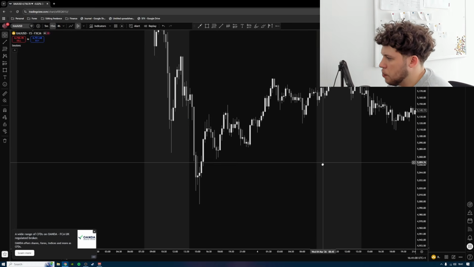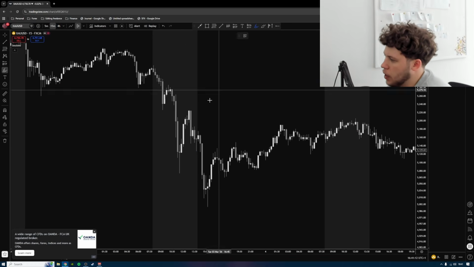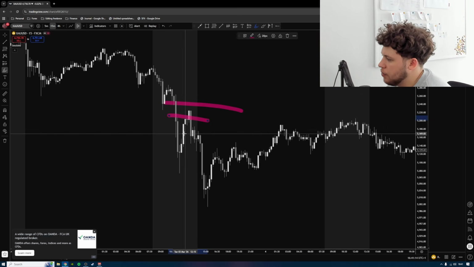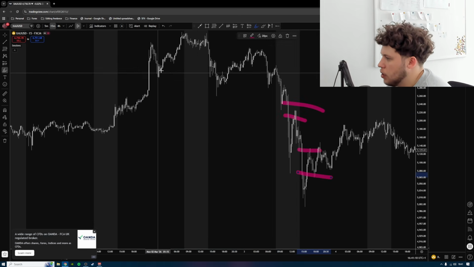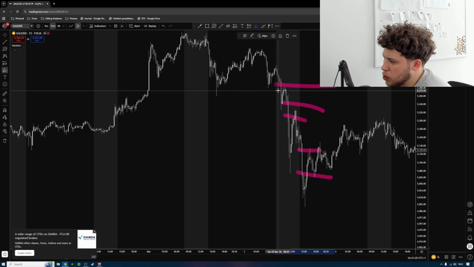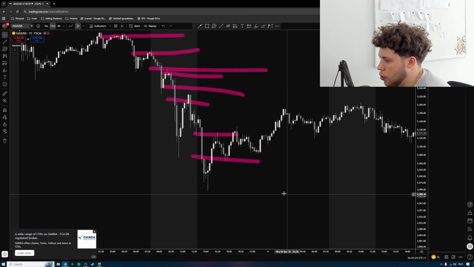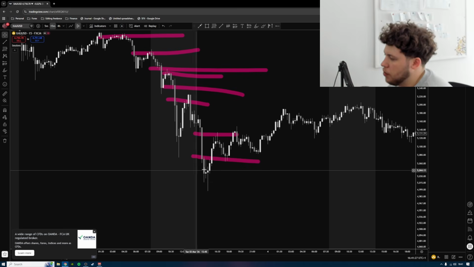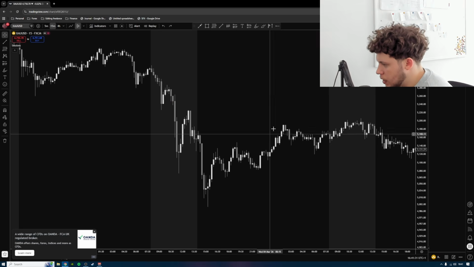The same again would be here, where obviously you've got a lot of inefficiencies left here, even more left here that you then come and fill, and lots of liquidity points with highs and a harsh sell-off. So again, you're in this sort of severe discount area.